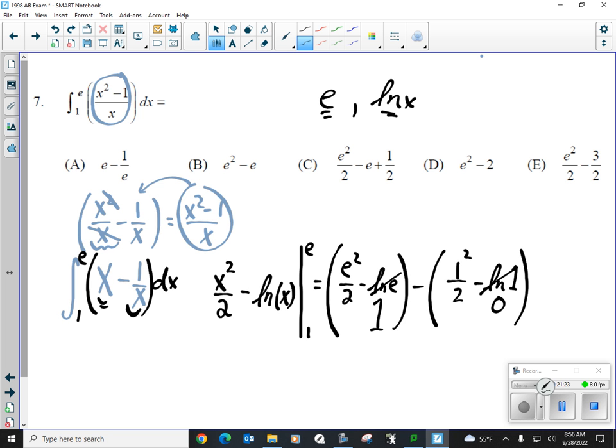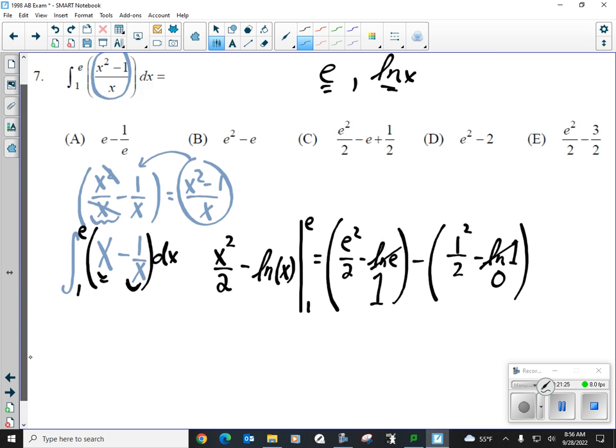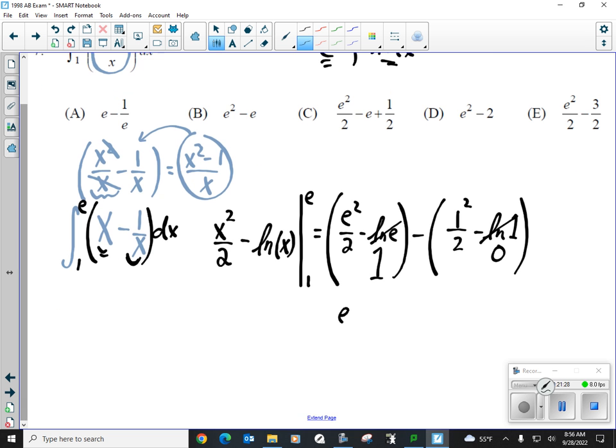So let's simplify what we got. I have e squared over 2 minus 1. 1 squared is still 1, so it's 1/2, but I'm subtracting 1/2.